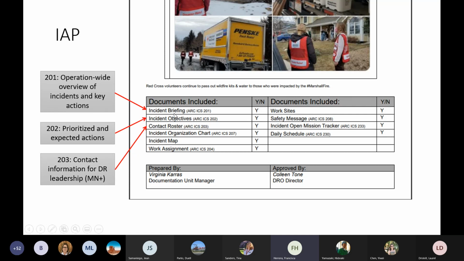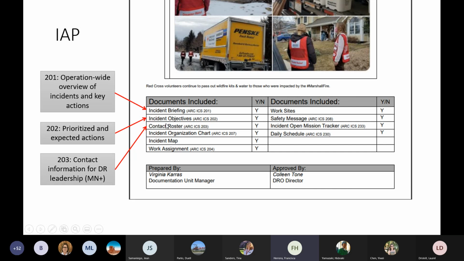So depending on how dynamic the incident is, you may be seeing an objective focus that is different based on maybe we did not receive a certain number of resources we expected, or we have a new emergency that has emerged that has shifted our priorities.